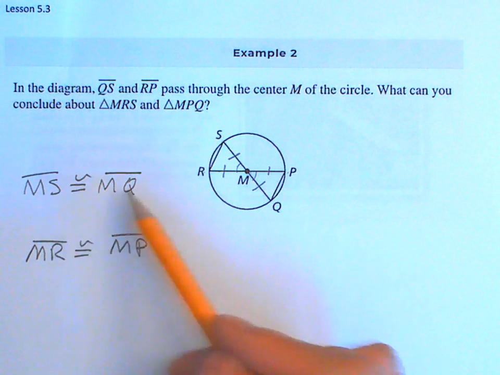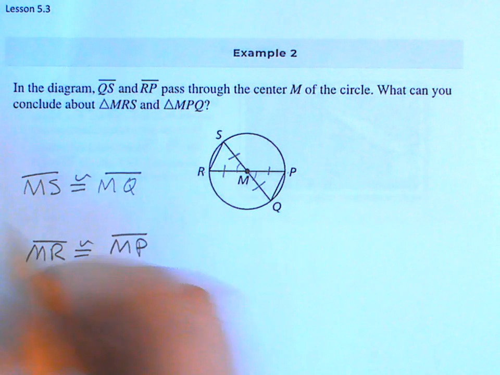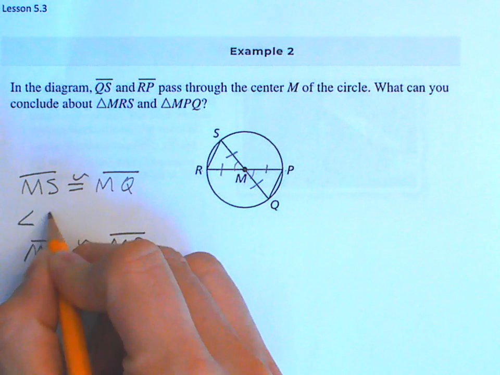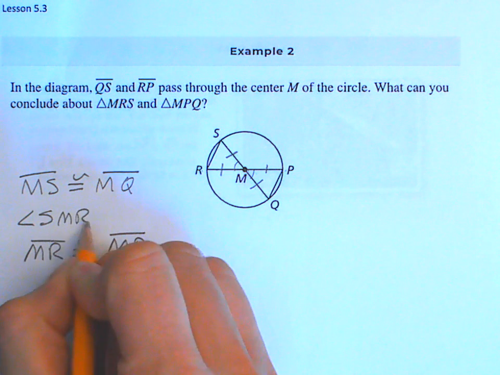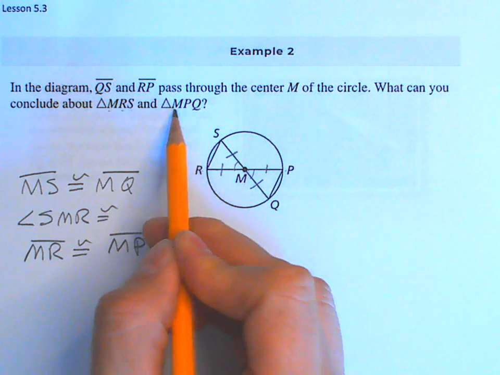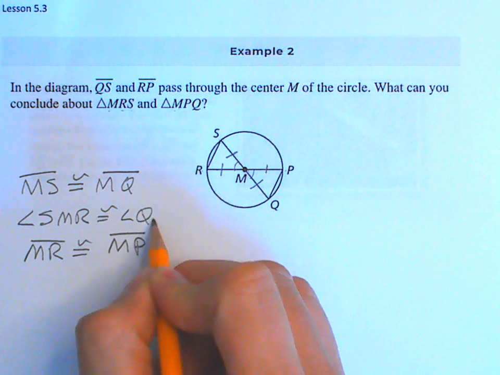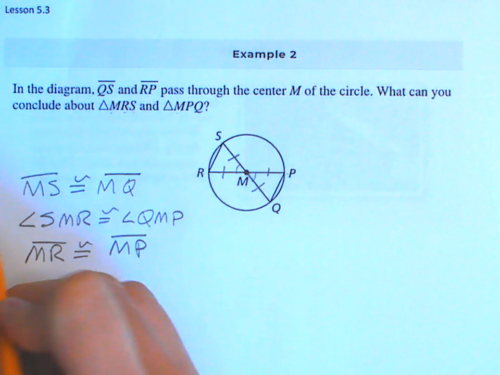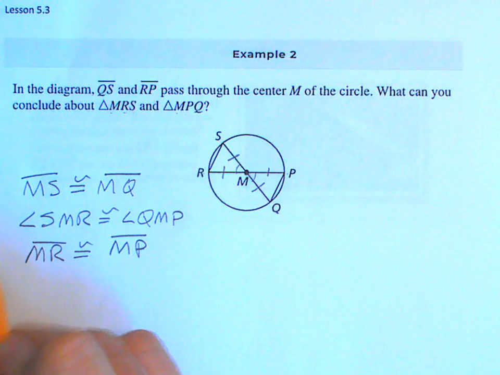Here's your two sides that are congruent and your included angle, the one that's sandwiched in the middle. Okay, it's angle SMR congruent to angle QMP. Okay, so here it is, side, angle, side.